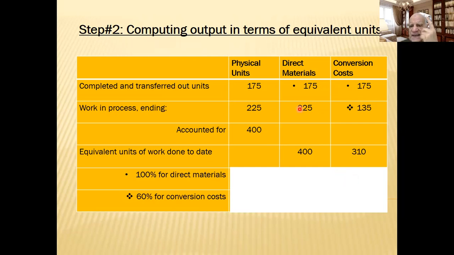So we can now say that in order to compute the cost per unit, from the direct materials, divide the total cost of direct material by the units which were used in it. But as for the conversion costs, the cost per unit will be computed by dividing the conversion costs by 310 units.